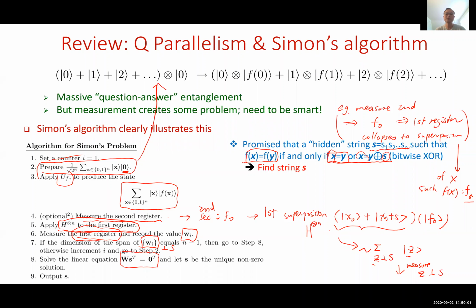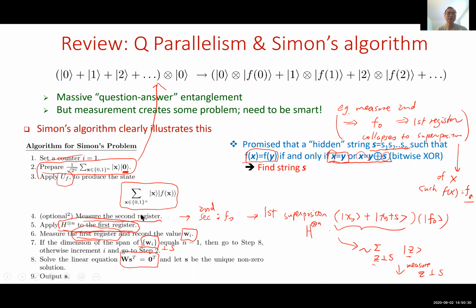Okay. So I just want you to focus on where the three rules apply, right? So there's a superposition of the questions, and using that linearity, you get a superposition of questions and answers. And now you have to be smart in measuring.